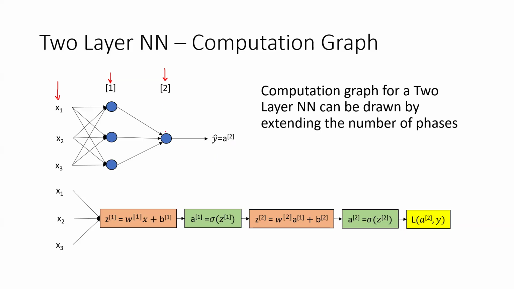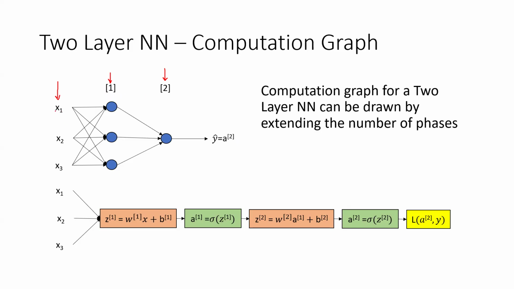So this is the second layer, right? There's only one neuron in the second layer. So A2 is the output of the second layer. This is the notation that we are using for representing the activation of the second layer. We are always using this square bracket notation for representing the layers by their numbers.